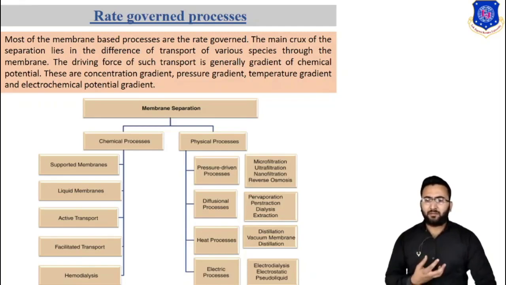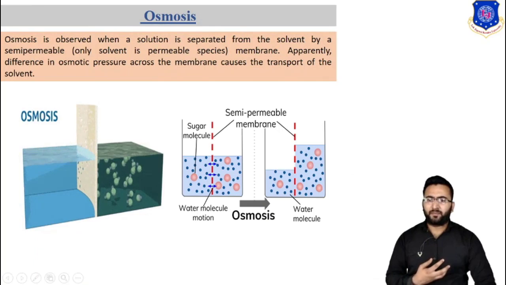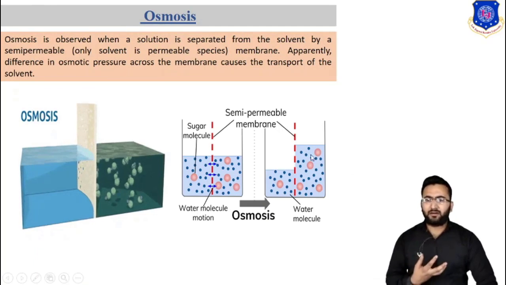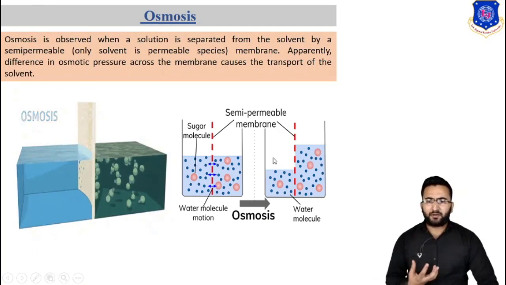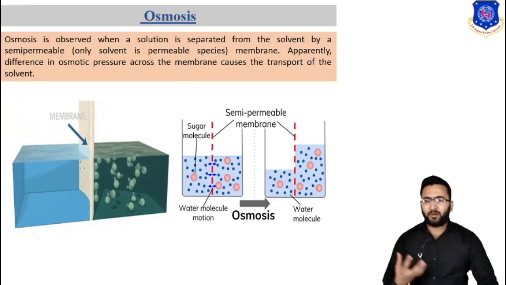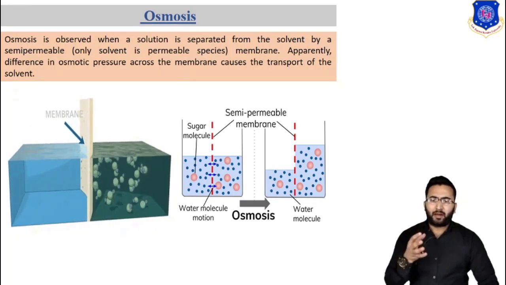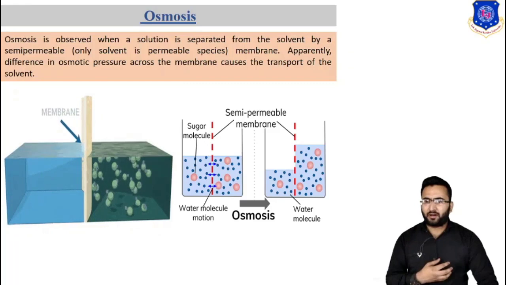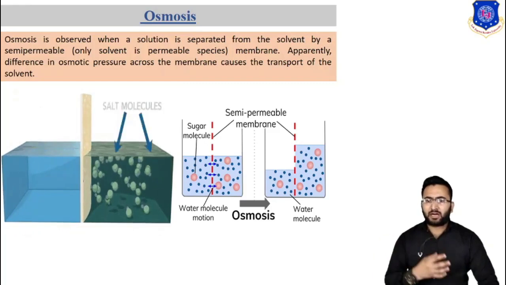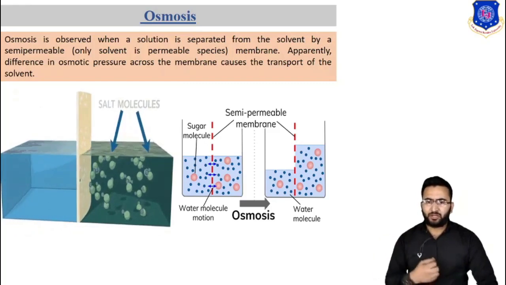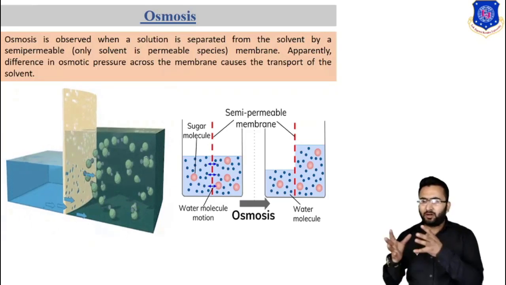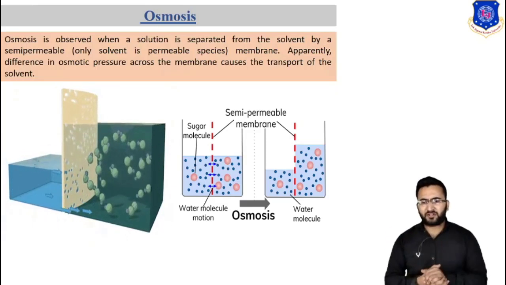Some of these systems are described, such as osmosis. So let's discuss osmosis. Osmosis is observed when a solution is separated from a solvent by a semi-permeable membrane. Difference in osmotic pressure across the membrane causes the transport of solvent. Actually, osmotic pressure is a collective property and it is a function of concentration.